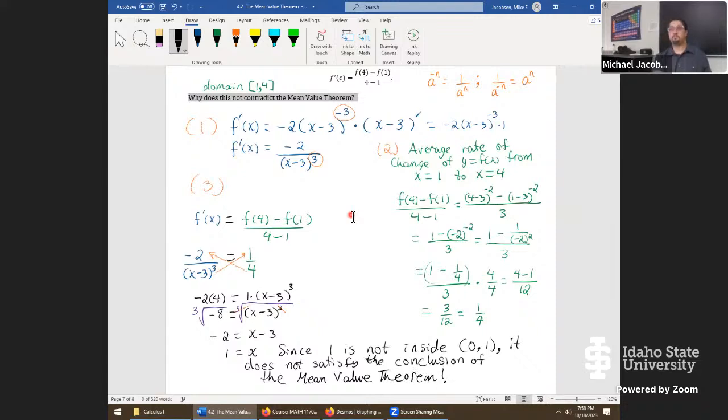That deserves an exclamation point because that means, well, it appears something went wrong, right? The theorem had a guarantee, it had a promise, and that was broken.